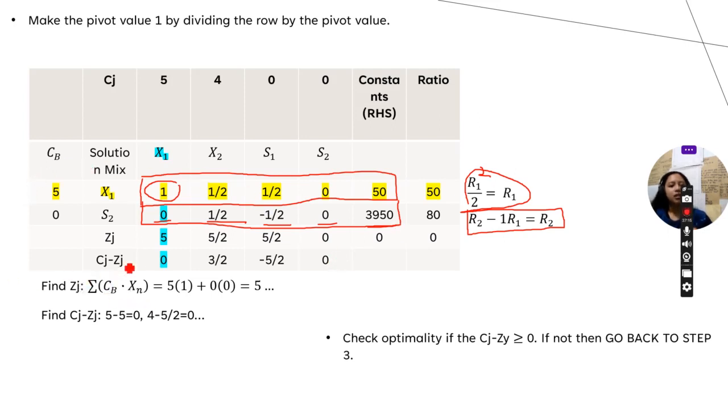So to get the ZJ, let's multiply this CB and XN. 5 times 1 plus 0 times 0 is 5. And 5 times 1 half plus 0 times 1 half is 5 over 2. And so on. And to get the CJ minus ZJ, this is the value of CJ, and this is the value of ZJ.